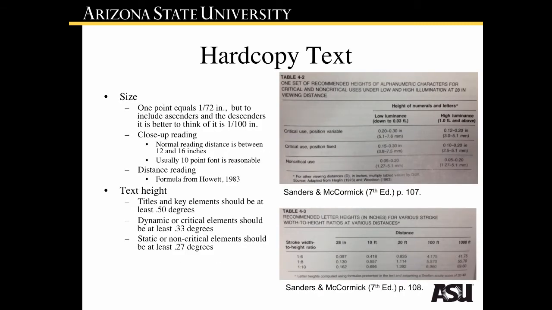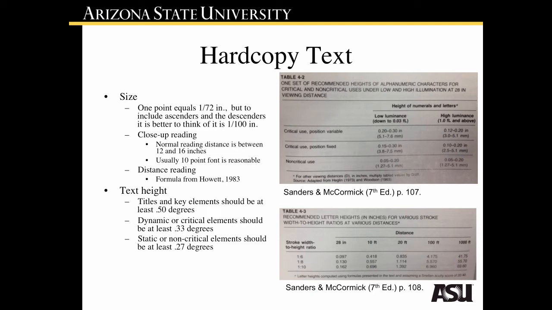So as we continue talking about the bottom-up processing, we can talk about the size of things like text. Now this is set for hard copy, and we'll talk a little bit about computer copy here in a little bit. But if you're designing hard copy text for all kinds of things, books, but also signs and so forth, there are a few things you should know. You're familiar with the idea of font size and so forth.